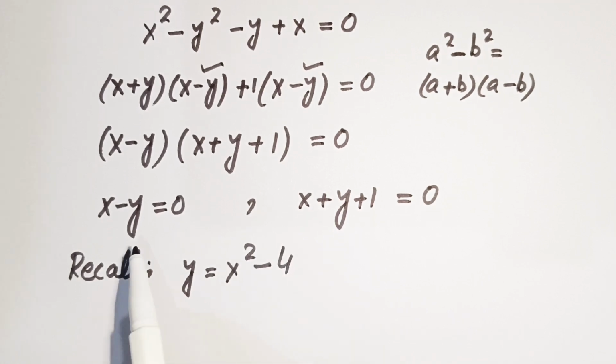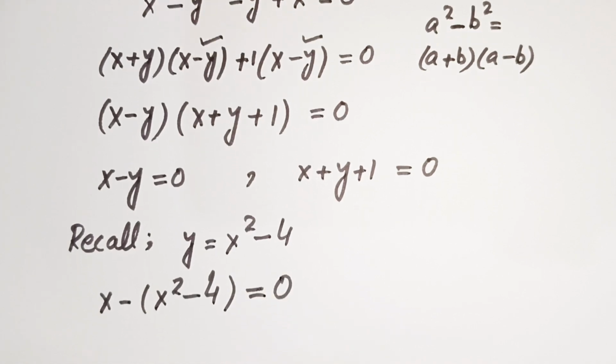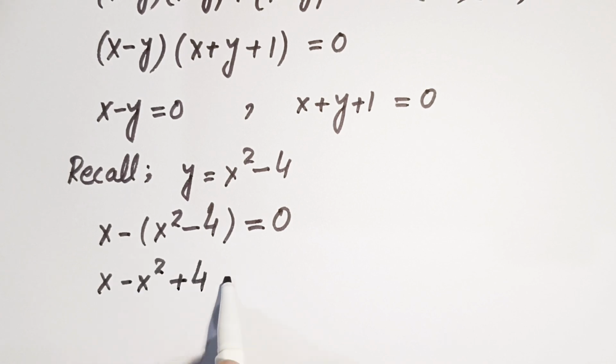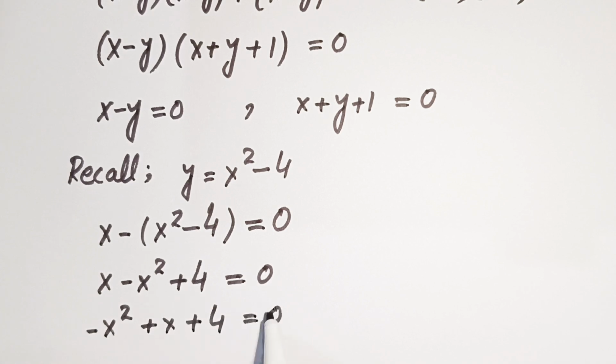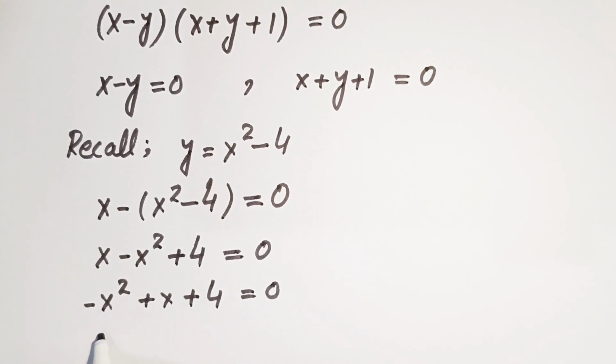Putting the value of y in the first case, we have x − (x² − 4) = 0. Multiplying the negative sign into the parentheses, we get x − x² + 4 = 0, that is −x² + x + 4 = 0, and multiplying by −1, we get x² − x − 4 = 0.